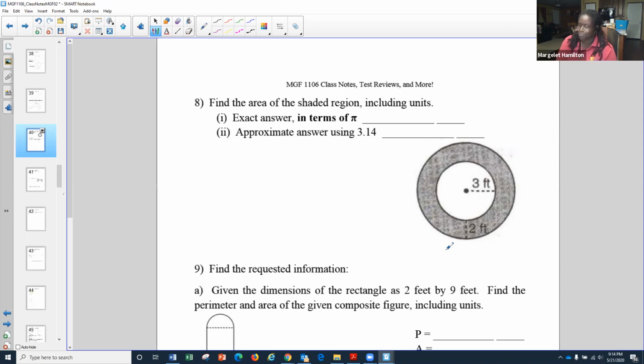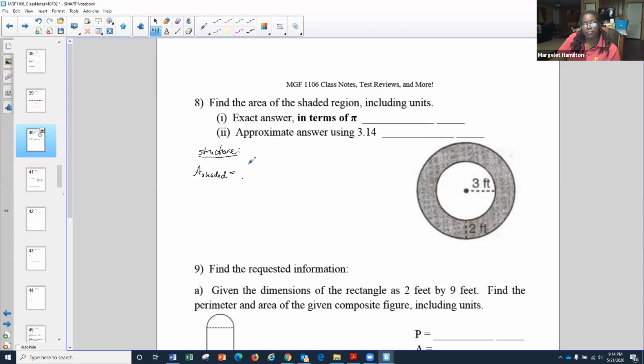Let's write the structure. All right, here's our structure. We're saying in order to find the area of the shaded, we need to find, and we're going to call this large circle and small circle, okay?